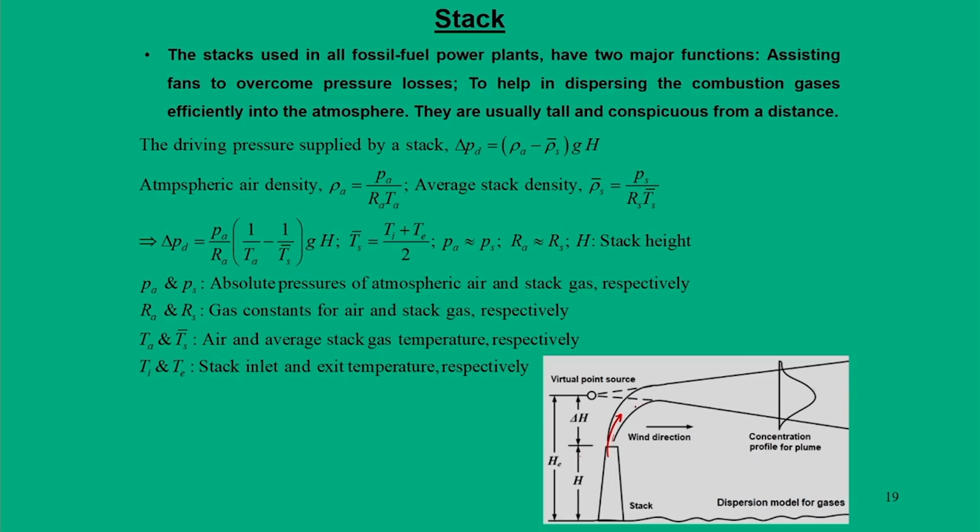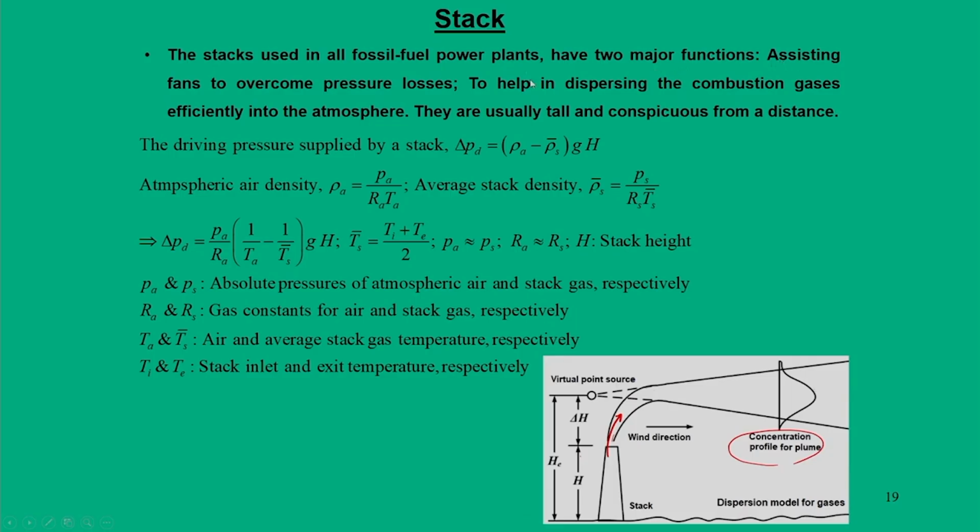You can see plumes coming up, like the expansion of a free jet in open atmosphere, for which we can make a concentration profile from the plume, and through this expansion process they try to disperse in the atmosphere. So, essentially the role of the stack in a fossil fuel power plant has two major functions.